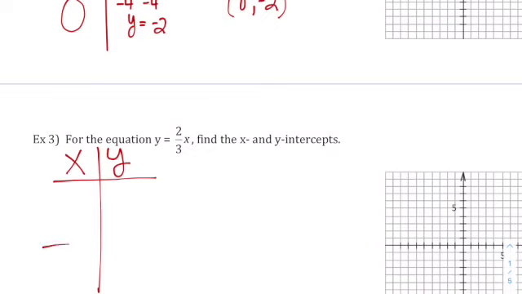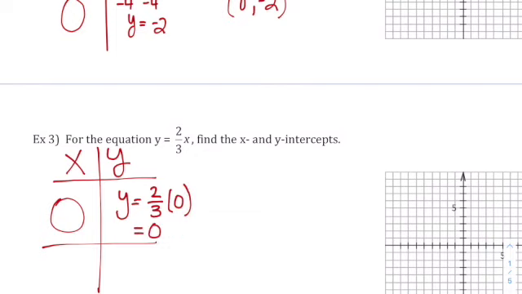If x equals 0, that means my y equals 2 over 3 times 0. That is also going to be 0. So that's going to be 0, 0 as the x-intercept and y-intercept. Because if I do y equals 0, x has to be 0 to make this work.